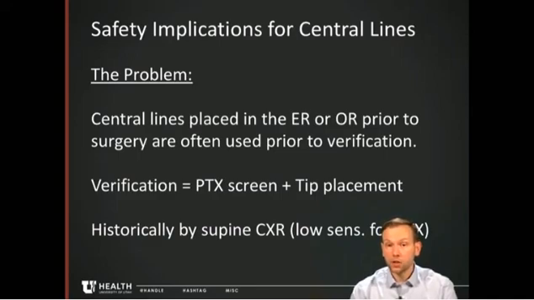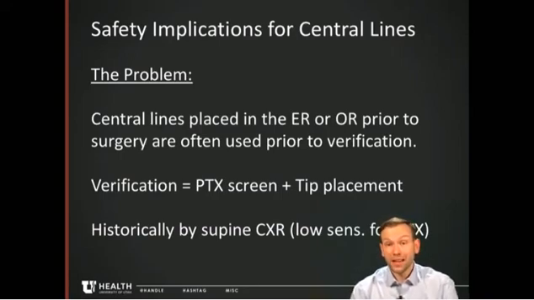And verification, in terms of the standard of care, typically means some sort of screen for pneumothorax and identification of where the tip of the central line is. When we place central lines in the hospital, on the floor, or in the ICU, we typically use a chest x-ray.